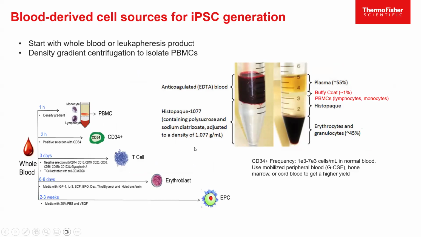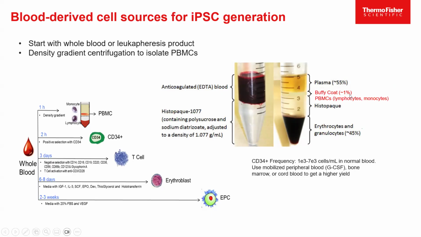either by positive selection or by density gradients. You see here, this is a Histopaque, so it's at a particular density, and you add anticoagulated blood and you spin it down so that the different layers go into the different densities, where you can have the plasma on the top, the buffy coat here, which will contain your PBMCs, or your peripheral blood mononuclear cells.